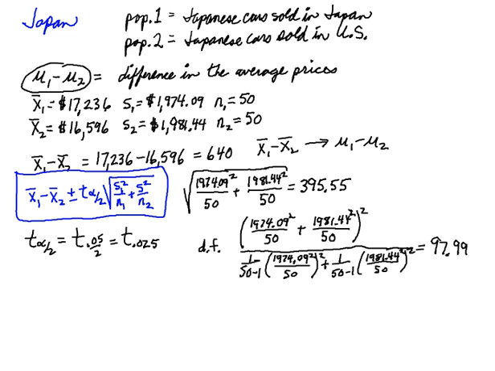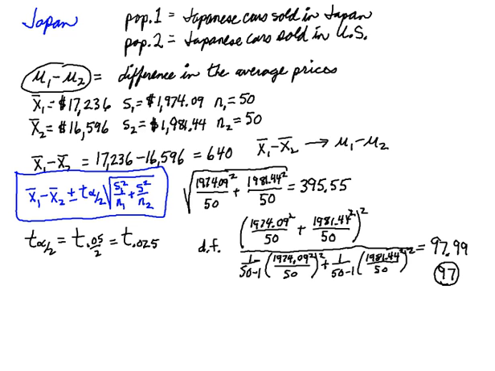And to be conservative for the degrees of freedom, you actually round down. So that would technically be a 97. As far as testing purposes or anything, if you said 98 there, I wouldn't be taking anything off. But according to the rules, it should be rounded down for degrees of freedom.